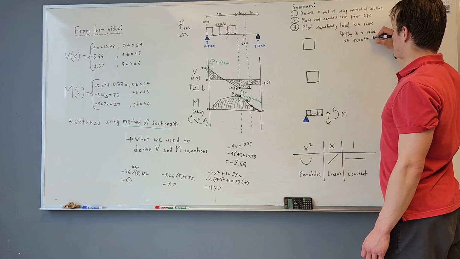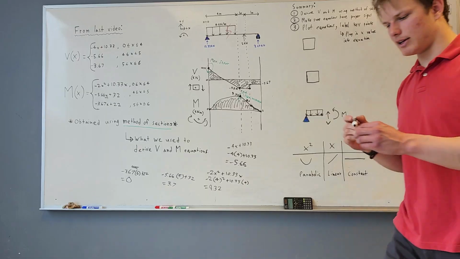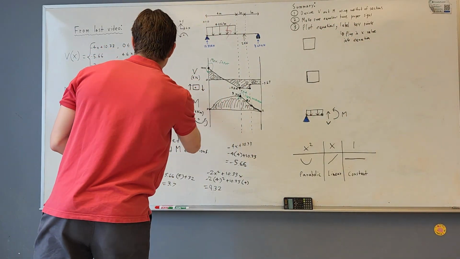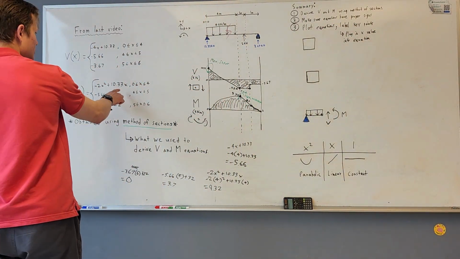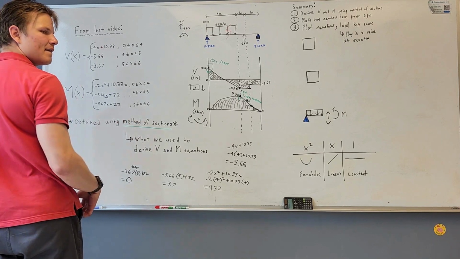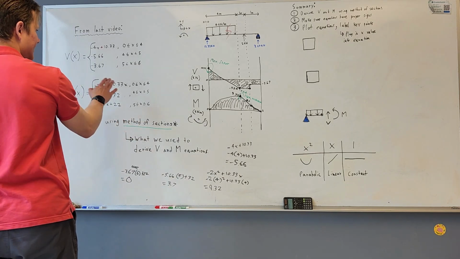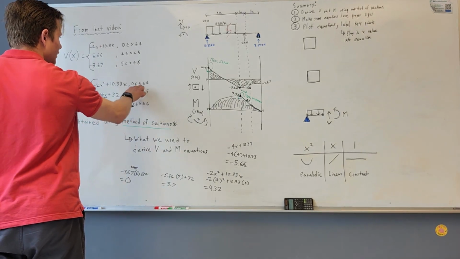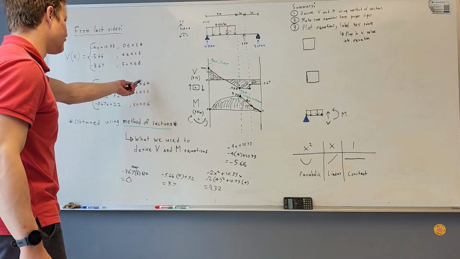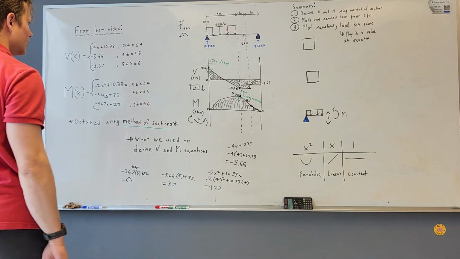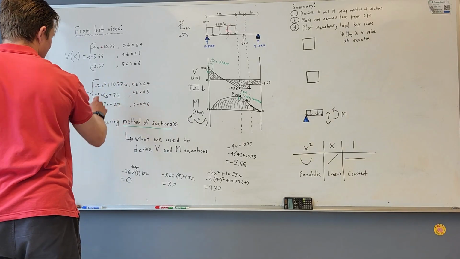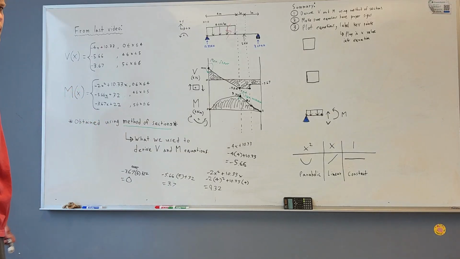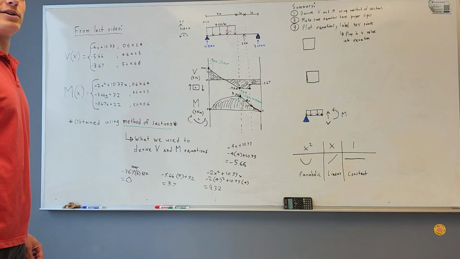And make sure that when you plug an x value into your equation, you're using the proper equation that is designated to that span on the beam that you're looking at. So if we're between 0 and 4, we can use this equation. If we're between 4 and 5, this equation, 5 and 6, this equation, and so on. So that's pretty much it.